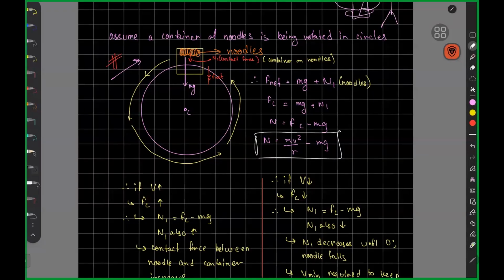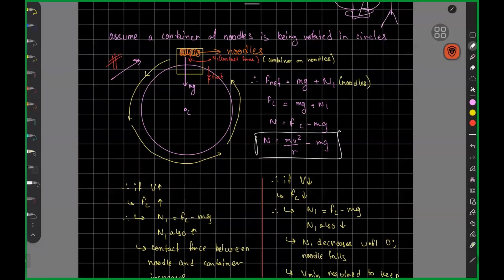If there's contact, that means the noodles are being pushed down to the bottom of the container. And if there is no contact force, the noodles will fall down. Right? So that's why this equation is very important.